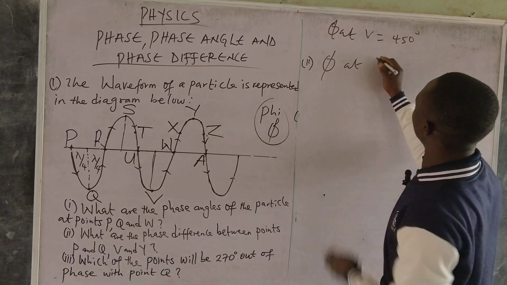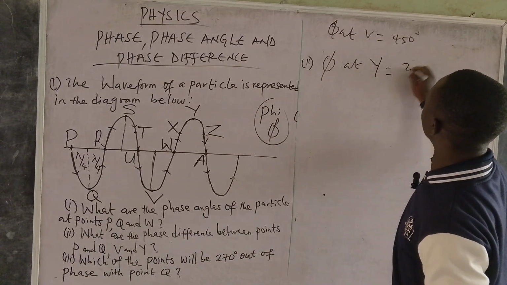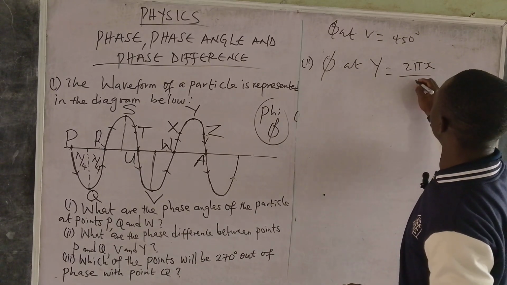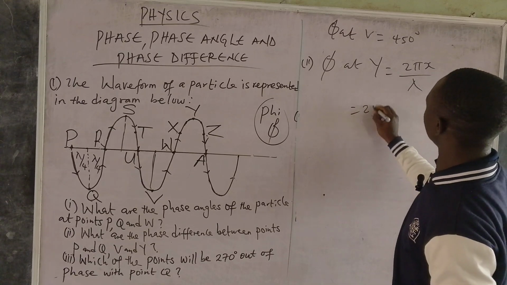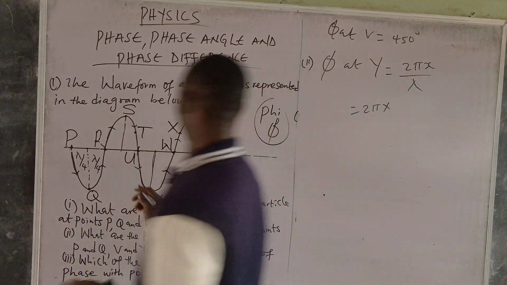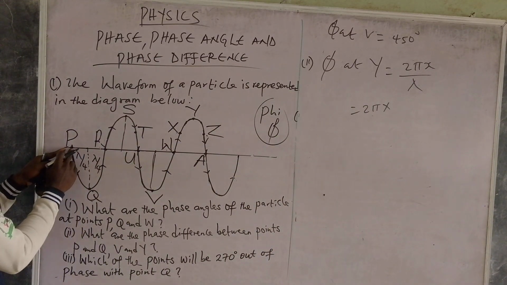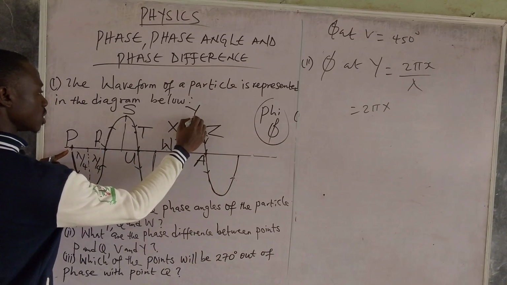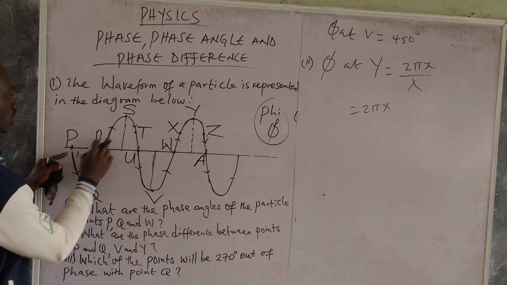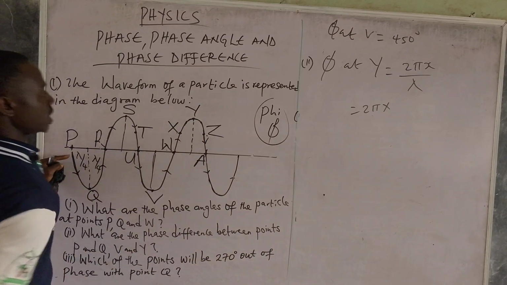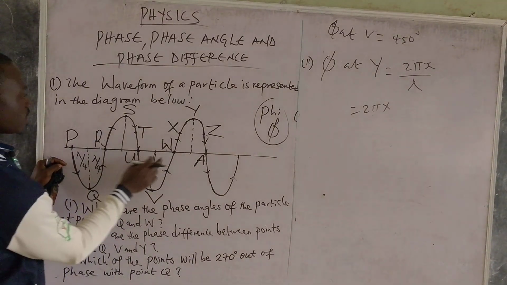Then what is phi at point Y? Phi at point Y, the phase angle at point Y, uses the same formula, 2 pi x over lambda. Now, what is our horizontal distance from the origin at point Y? Let me draw this again. 1, 2, 3, 4, 5, 6, 7.